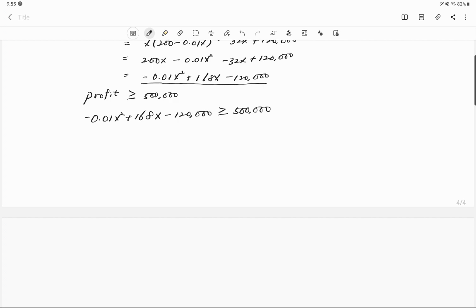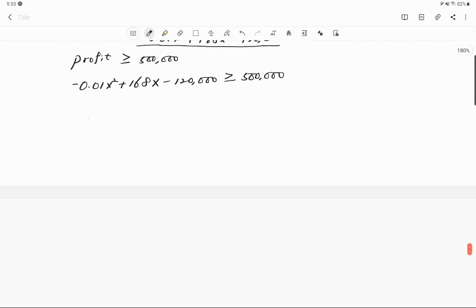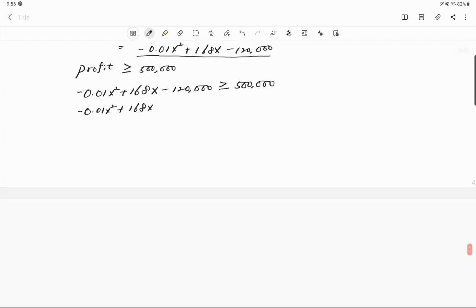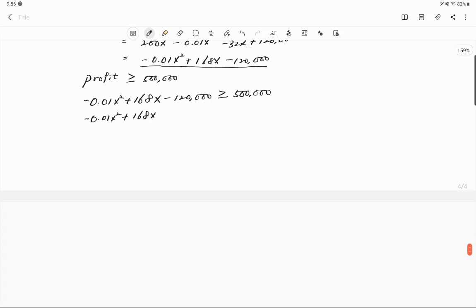So move 500,000 to the left. Then we get negative 0.01x squared plus 168x, and then minus 500,000 is minus 620,000. So that is greater than or equal to 0. From here, why don't we use the quadratic formula?